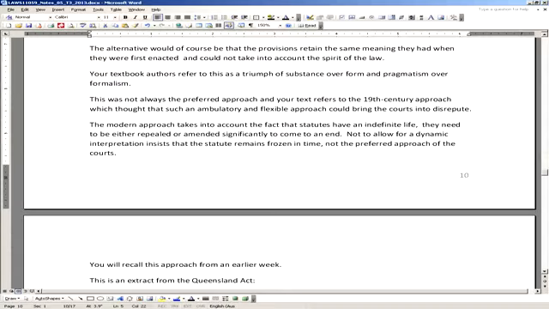Statutes can have a long lifespan, and so of course society changes. For example, when the internet came in, many of the statutes had not had to deal with the fact that things on the internet are so completely different from how they may have been before.